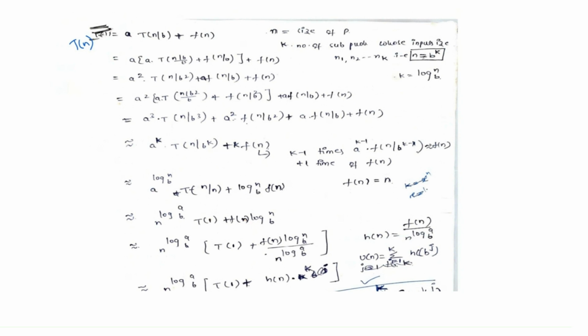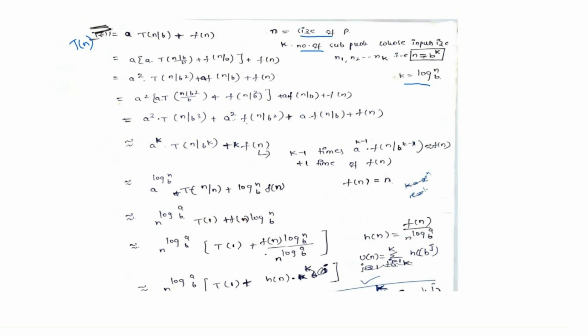I am assuming that n is the size of the problem and k is the number of subproblems, and here n is expressed in terms of b power k, hence k is equal to log n to the base b. Observe how we have solved the previous recurrence relation. In the same way we are solving this. However, we are trying to get some generalization.